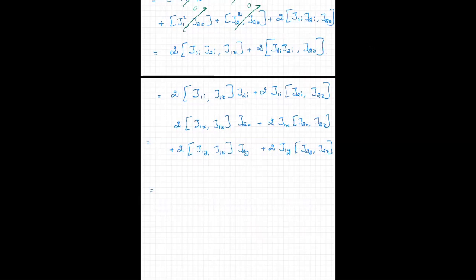So what is this? The commutator of x and z is minus y. So this is equal to, the first commutator is, the commutator of z and x is 1, so x and z is minus y. So this is minus 2 j1y j2x. What is the second guy? Again, the commutator of j2x and j2z is minus j2y.